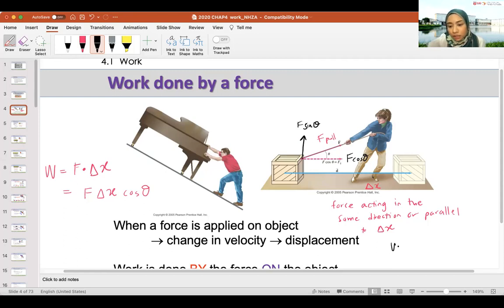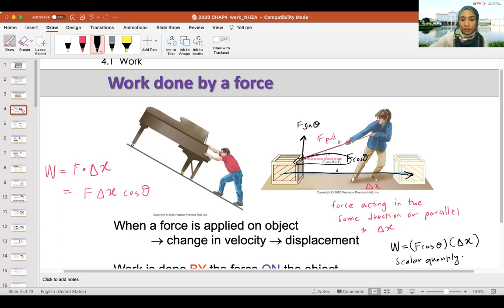So your equation becomes W ataupun work done equals to F cosine theta darab dengan delta X. So this is the equation for work done. Work done is a scalar quantity. It's not a vector. Okay, so it only cares about the parallel component yang dalam sama direction dengan displacement. Kena sama ataupun parallel.